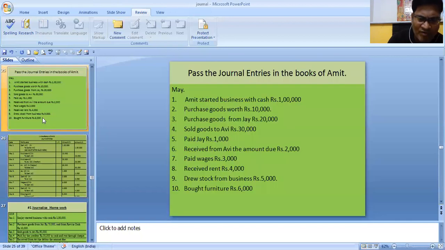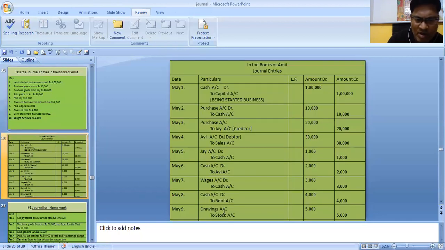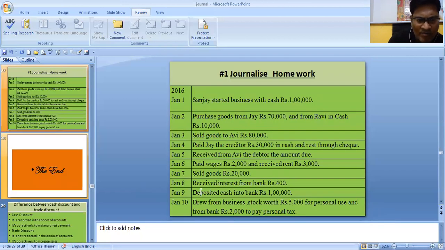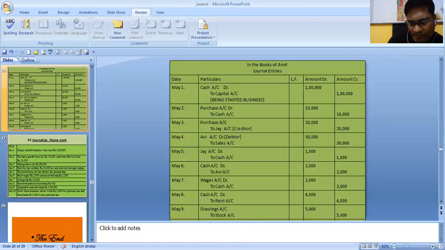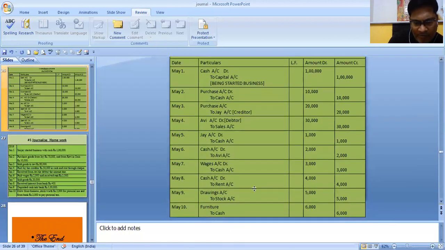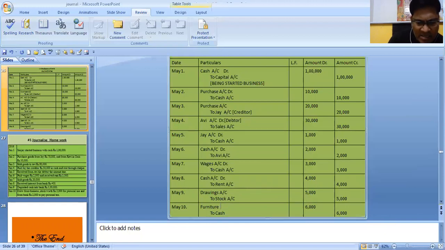Next sum is bought furniture rupees 6000. So when you are buying furniture, then what is happening? When buying the furniture, your furniture is increasing in the business. That means furniture is debited.